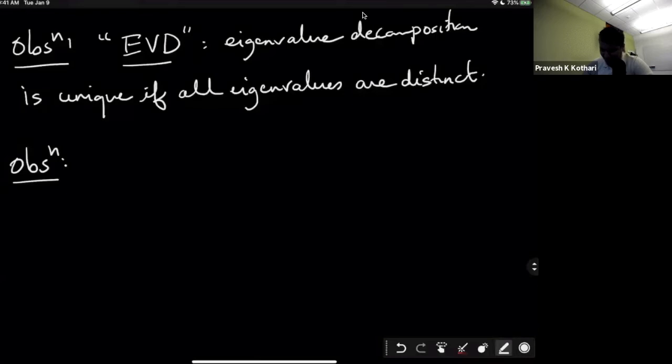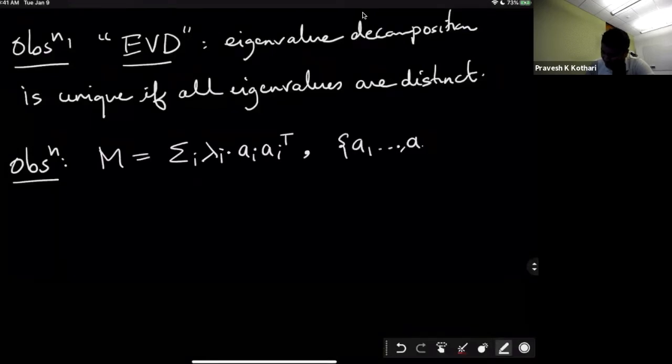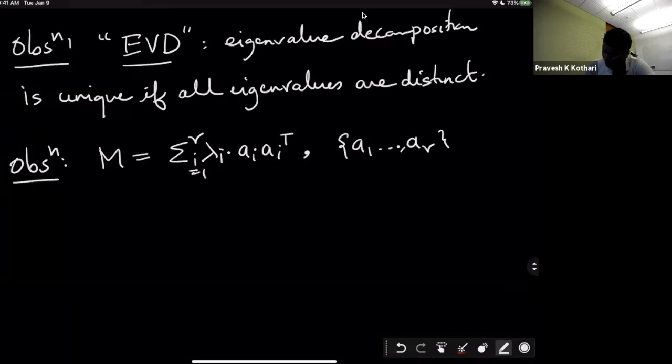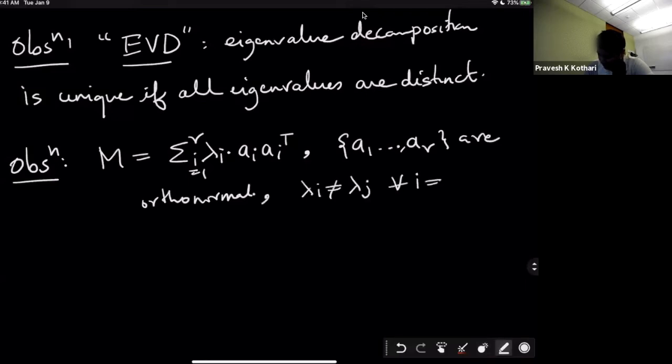Assuming that, here is an observation I can now make. Suppose M is a matrix of the following form: sum over i of lambda_i a_i a_i transposed. Suppose in addition I know that a_1 through a_R, so this is rank R, are orthonormal, and let's say that lambda_i is not equal to lambda_j for all i not equal to j.